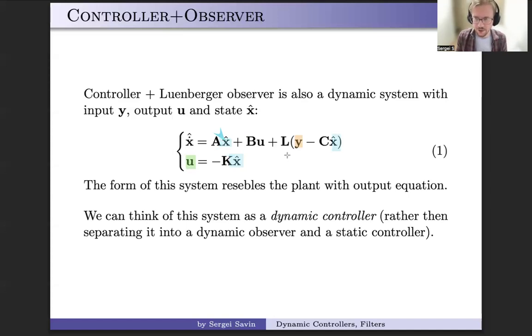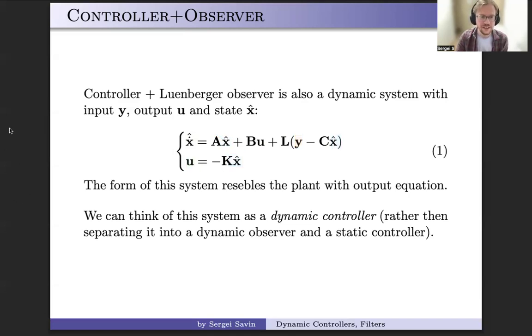Same as any other dynamical system, the output may follow input. It doesn't have to follow it as in trace exactly, right? It can follow it in a variety of ways. But it would follow the input somehow, especially since it is a stable system. We would design it to be stable. So we don't expect that output would diverge somewhere, right? But it is not static. It is not quite like a controller.